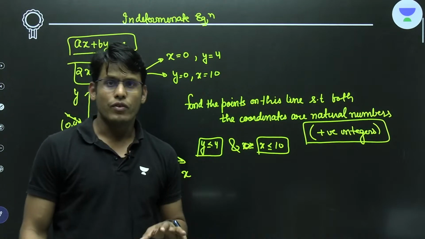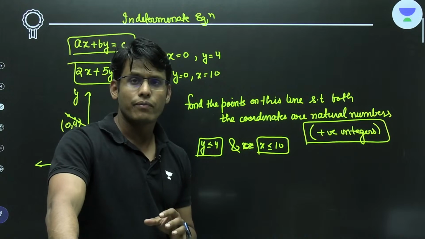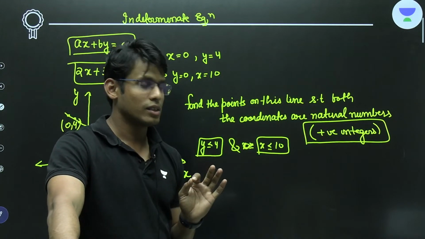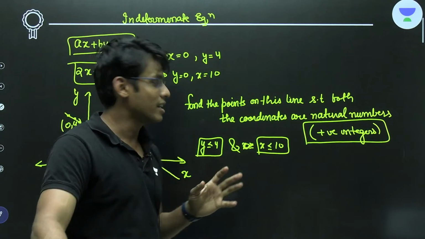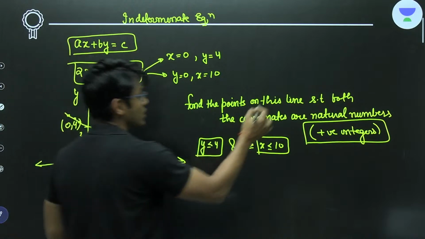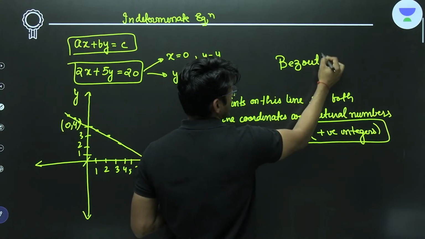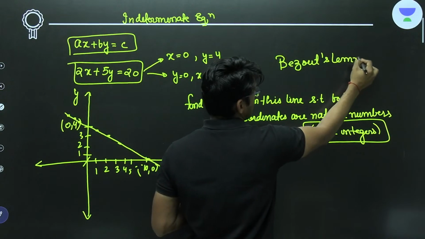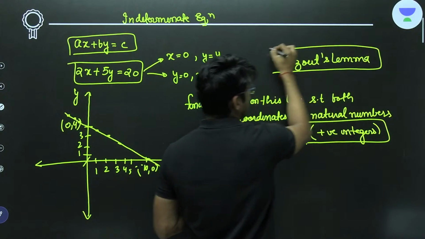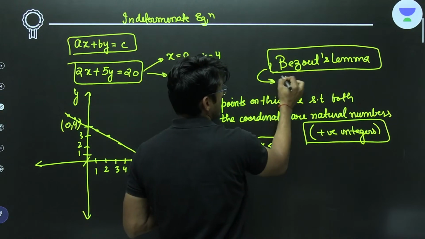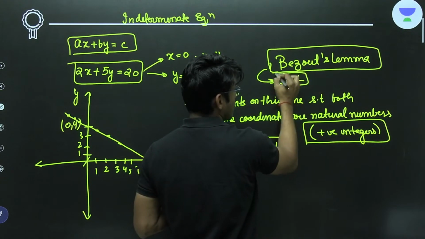In this lecture, we are going to study fundamental things only. There is a very advanced technique called Bézout's lemma. Then another thing is Euclid's division lemma, which is used to solve it.